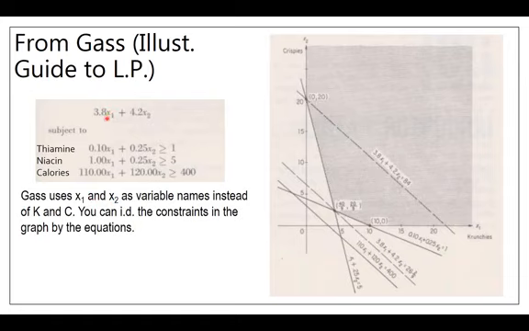So every time you eat an ounce of Crunchies, you get 0.10 milligrams of thiamine. So that's the content of an ounce of Crunchies, and that's the contribution to this target, right? So if you wanted to think about it another way, you would have to eat 10 units of Crunchies to meet the thiamine constraint. You'd only have to eat 4 units of Crispies, or X2, to meet the thiamine constraint.